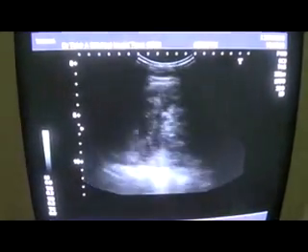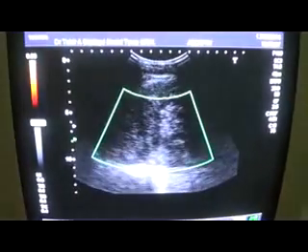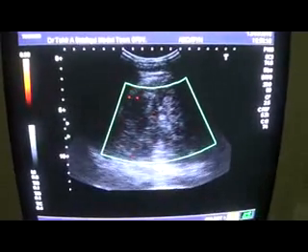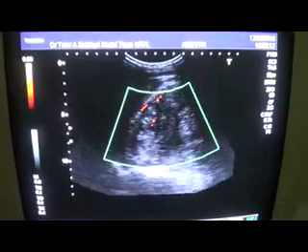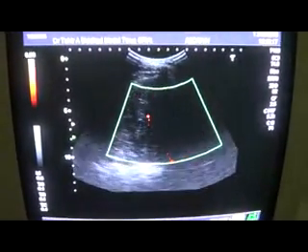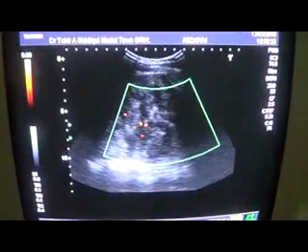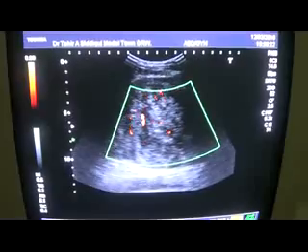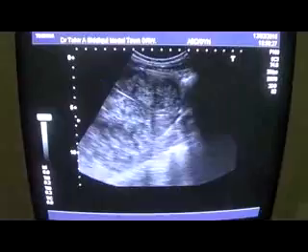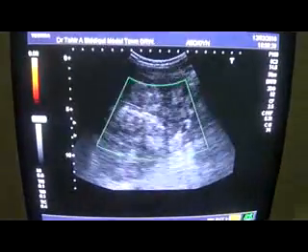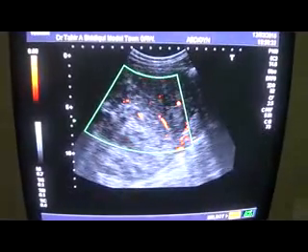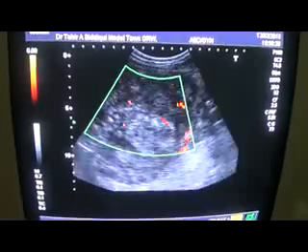Here is the spleen and the mass. So this is not the kidney or a renal mass. You see, there is blood flow within it. Now as I move it downwards towards its lateral margin, this is the lateral margin and middle portion.